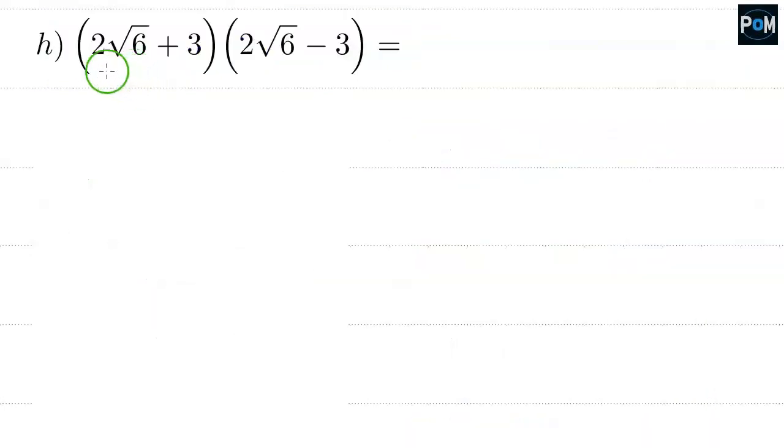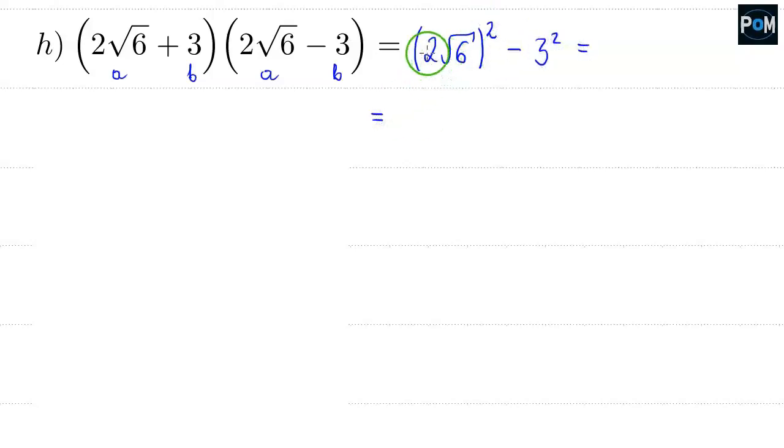In example H, we have 2 square roots of 6 plus 3 times 2 square roots of 6 minus 3. So our A will be 2 square roots of 6, and our B will be 3. The order is correct in the brackets, so we can use the formula. We need to write A squared, which for us here is 2 square roots of 6, necessarily in parenthesis, squared. Minus 3 squared.